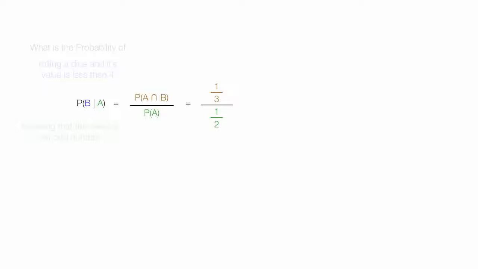This equation can be rewritten and simplified as 2 divided by 3, or 2/3. And here's what this says. It says that if I know that the value is an odd number, 2 out of 3 times the dice is going to be less than 4.